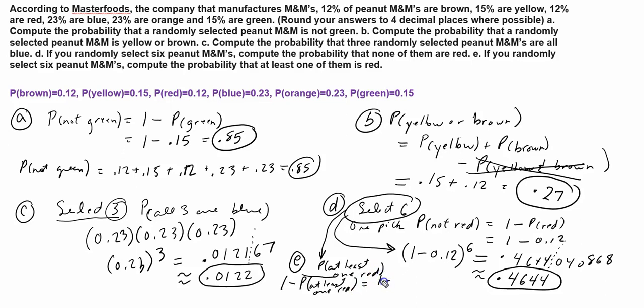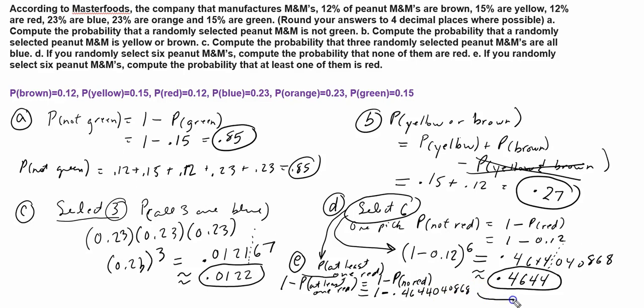What's the complement of at least one is red? The complement is that none of them are red for 6 selections. And we got the answer to that right there. So the answer to part E is going to be 1 minus your answer to part D. But now put in part D the complete thing without rounding. You only round at the very end.